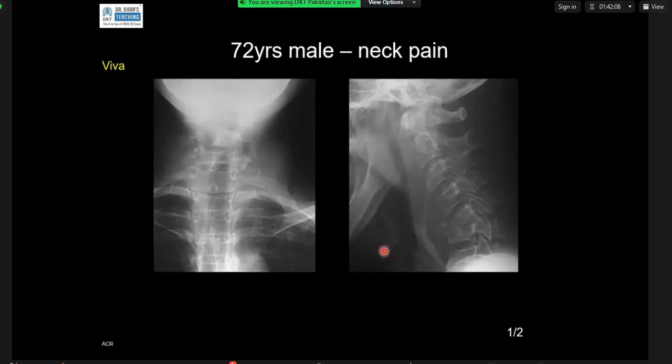So possibly spondylodiscitis with a prevertebral abscess. So I would inform this finding to the referring clinician, check inflammatory markers and also suggest further evaluation with contrast enhanced MRI of the cervical spine.